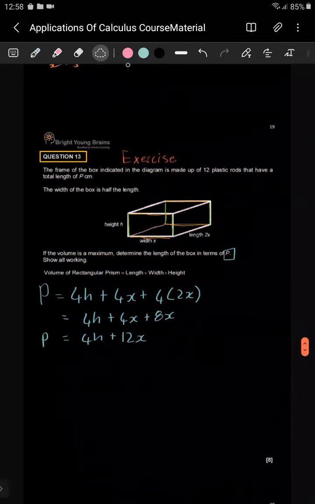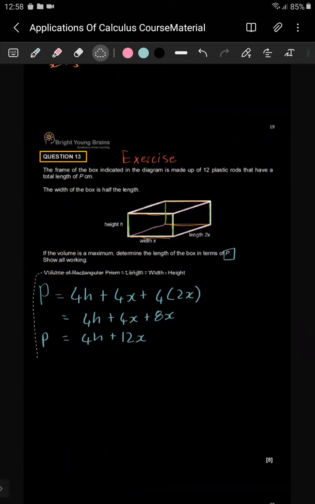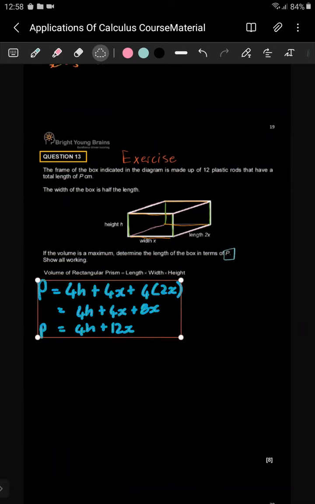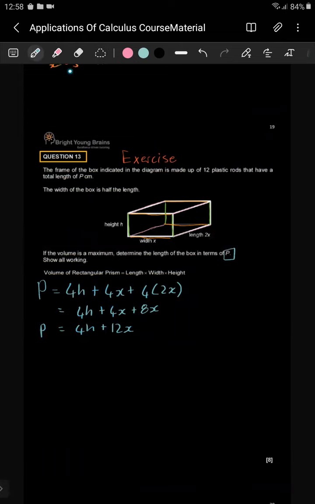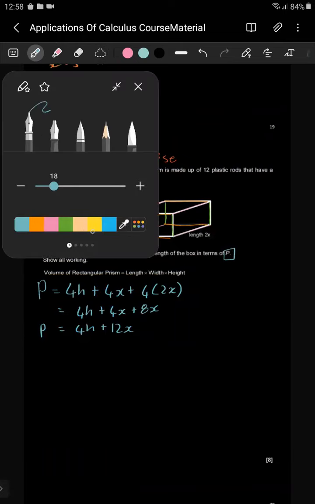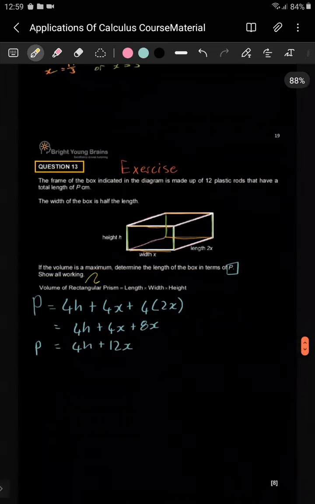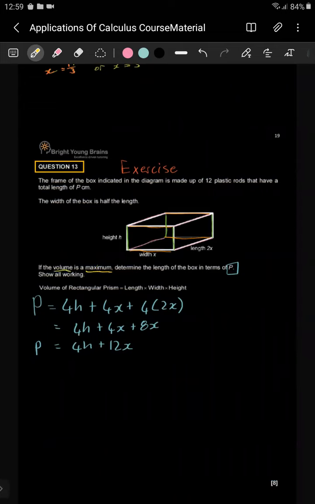Because just by looking at it, with the few things that we have read, it's not very straightforward. But this is the one thing you'll always hear me say when it comes to applications of calculus. Depending on what they're talking about, here they're talking about maximum volume. So the one thing you may want to focus on is getting a volume equation.